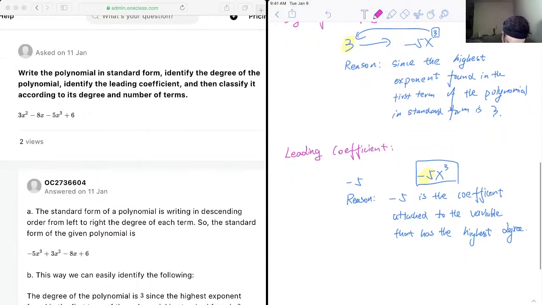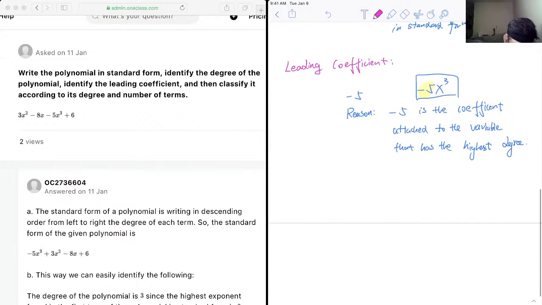And lastly, we will classify the polynomial. It is a cubic polynomial.